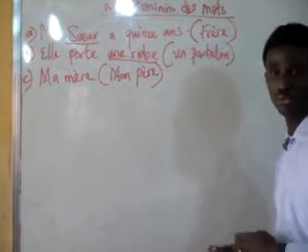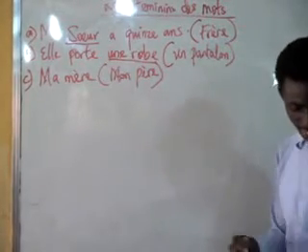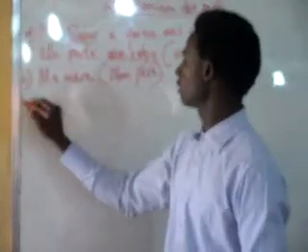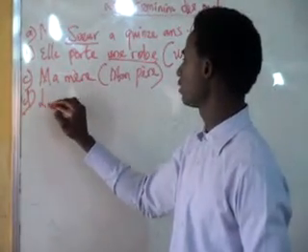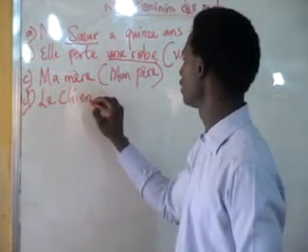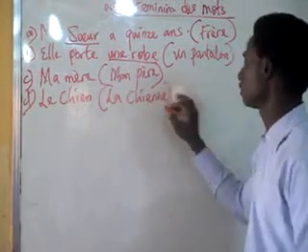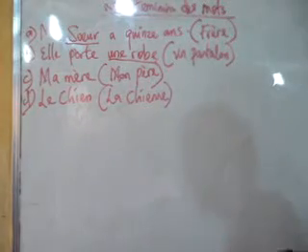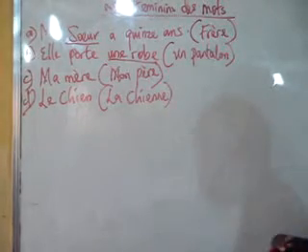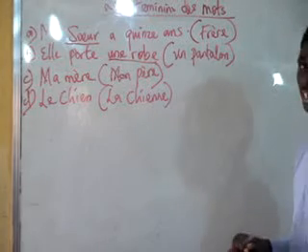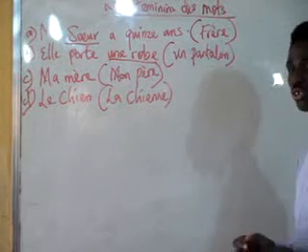You know the one that is masculine and you know the one that is feminine. Okay? Or when you see something like le chien, now la chienne. Okay? The dog and the female dog. This one will give you, based on the writing and the spellings, you will understand that this one is masculine and this one is feminine.